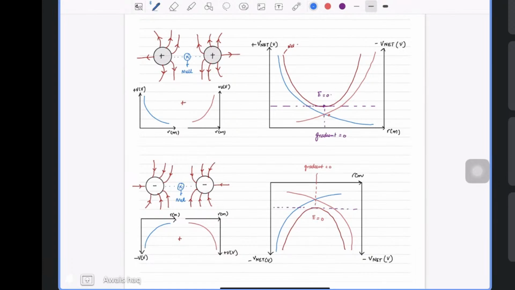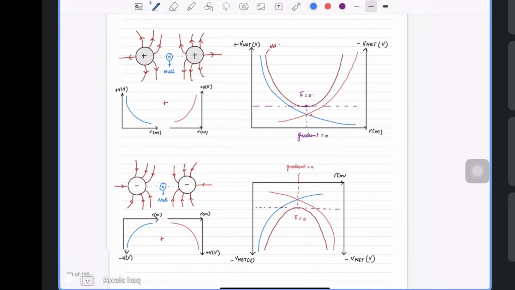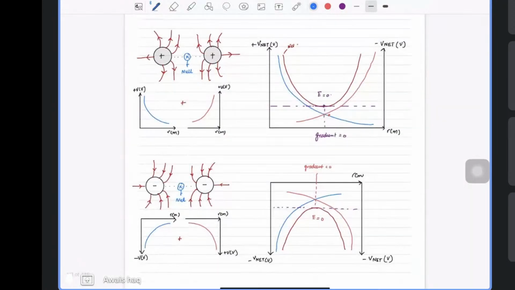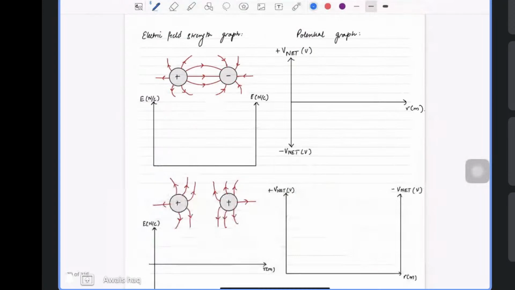All right. So the thing is, when you learn how to draw graphs of potential, you can then draw the graphs of electric field strength. It's sort of a derivative of the potential graphs, right?